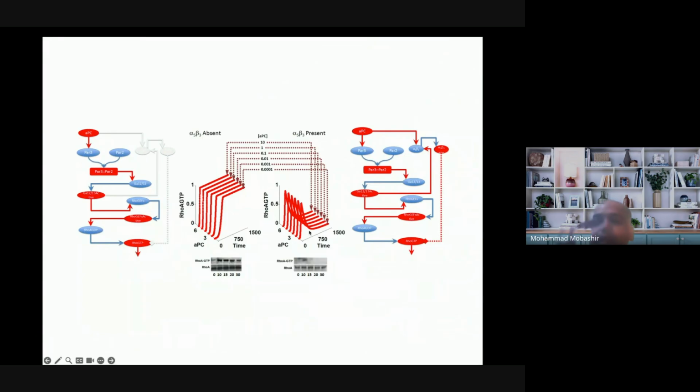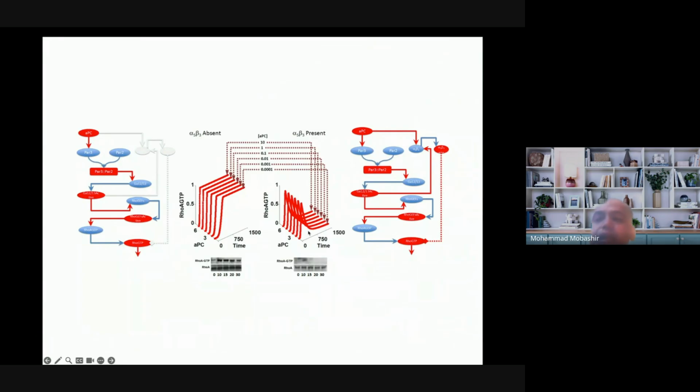So in the experiment, we could see the activation of RhoA is continuous or persistent. That is also called sustained response. So signaling is on and it remains on. While in case of normal, there is signaling at a specific time point, that is 10 minutes.